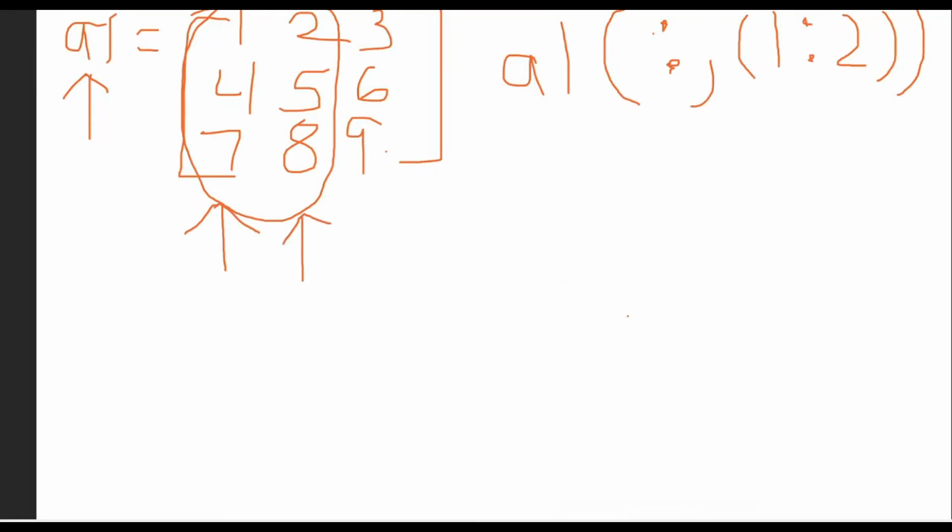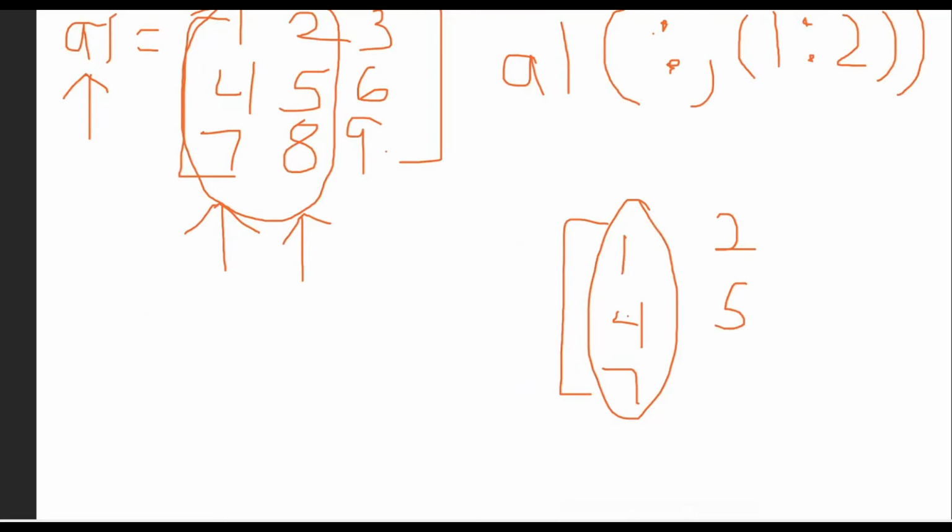That would give us all rows and columns 1 and 2: 1, 4, 7 in column 1 and column 2, using colon notation here. If I only wanted the first column, then I would probably just do 1. That's simple enough.